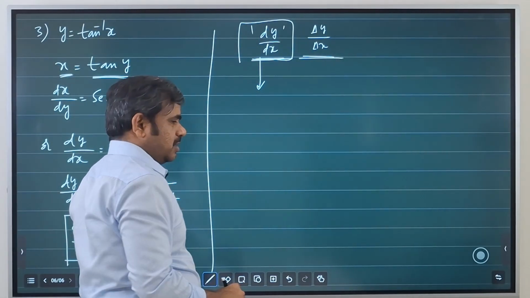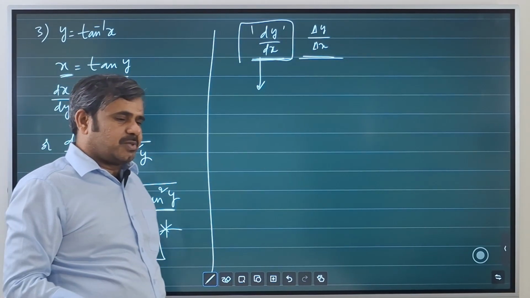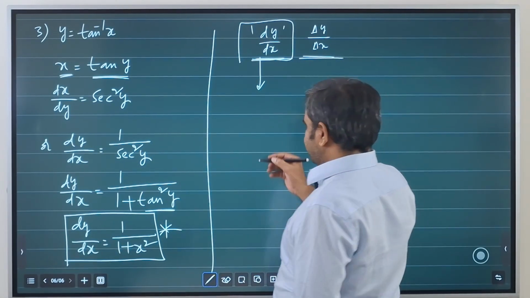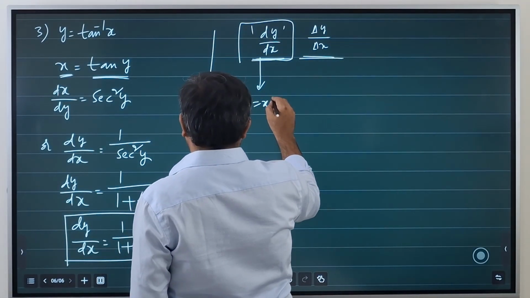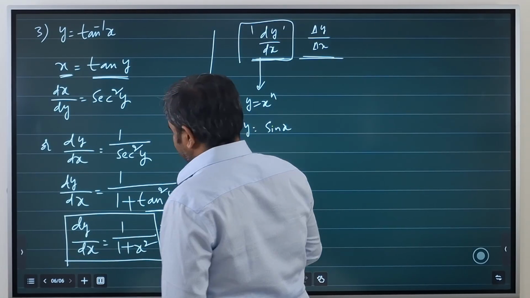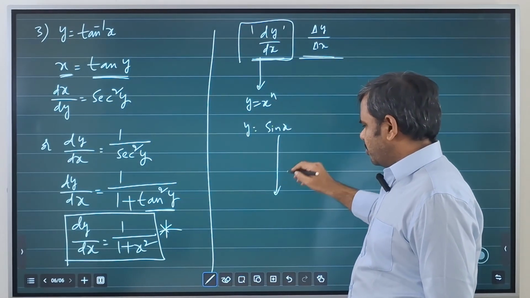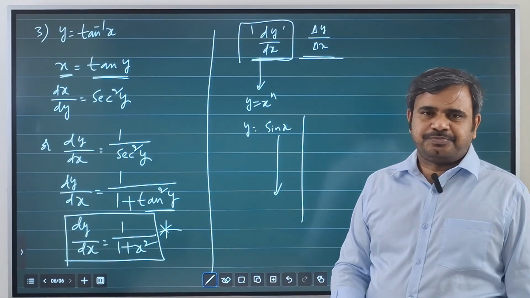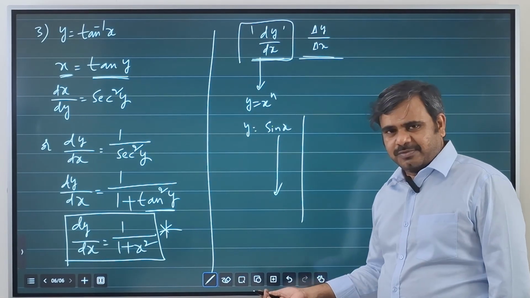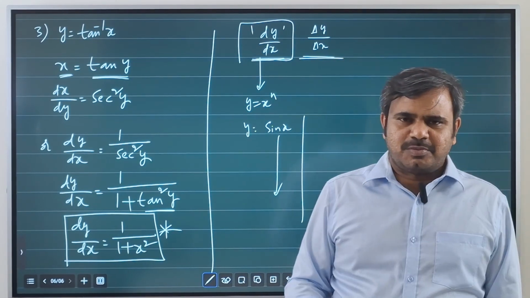Also, we discussed how to write derivatives of different varieties of functions. If y is equal to x power n, y is equal to sin x, cos x, tan x, for all the trigonometric functions, we wrote down derivative formulae. For logarithmic functions and exponential functions, we also wrote down the formulae.